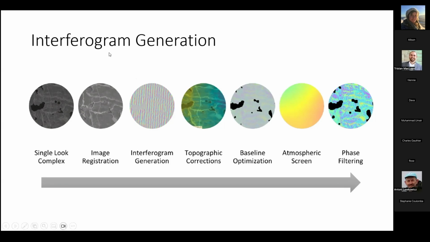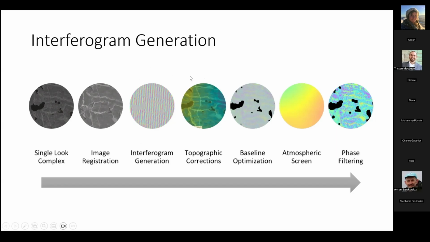And then you do the interferogram generation, which essentially is just the complex conjugate of two of these single look complex images. That's basically a multiplication of the amplitudes and a differencing of the phase. And that differencing of the phase is the desired signal for InSAR.